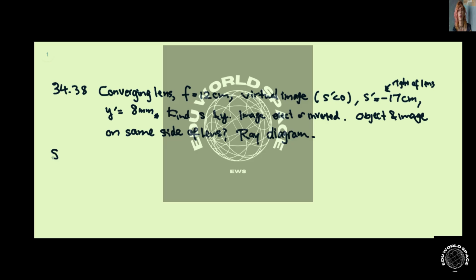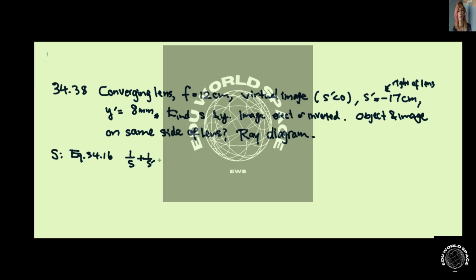And we're asked if the image is erect or inverted, if the object and the image are on the same side of the lens, and also we're required to draw a ray diagram. So in order to find s, the object distance, let's use equation 34.16, because we have enough information to determine s.